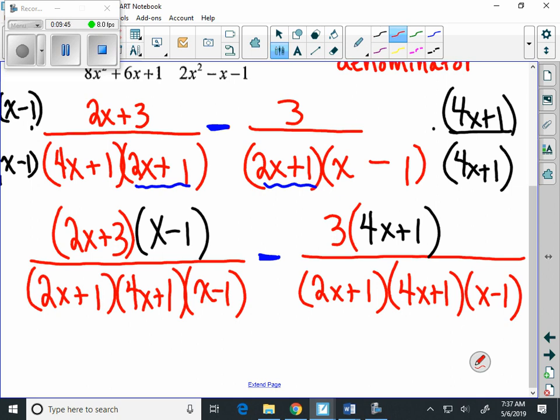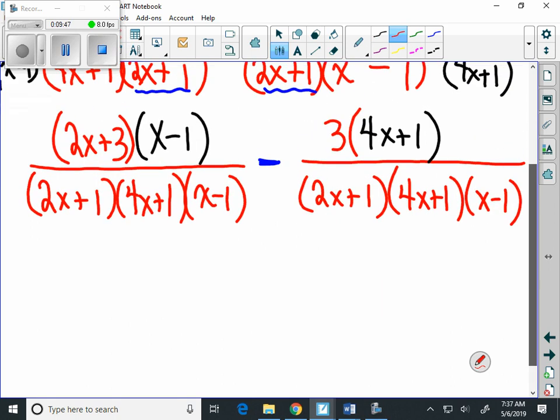And we still have a little work to go, because we want to combine these together. So we're going to have to multiply the 2x plus 3 times the x minus 1. So we're going to FOIL or double distribute. We get 2x squared minus 2x plus 3x minus 3.